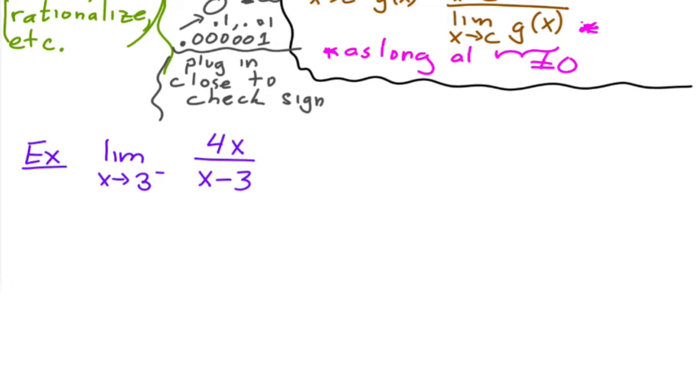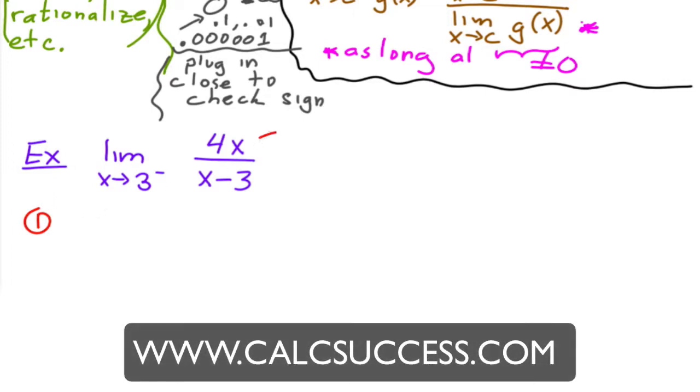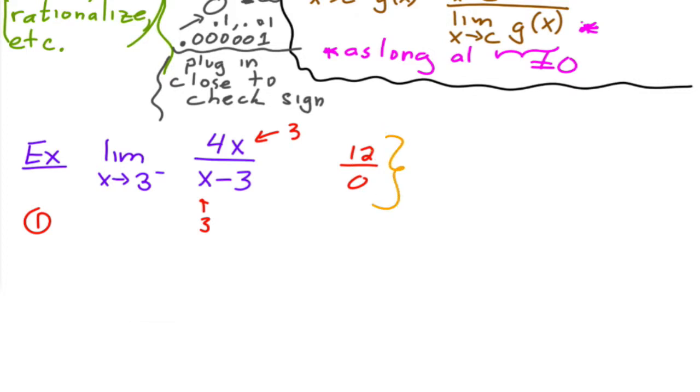Remember, the first thing from our strategy is you plug it in. So you would plug in the number 3, and you would get 12 on the top and 0 on the bottom. So then, since you have a constant over 0, this means that it's going to infinity or negative infinity.